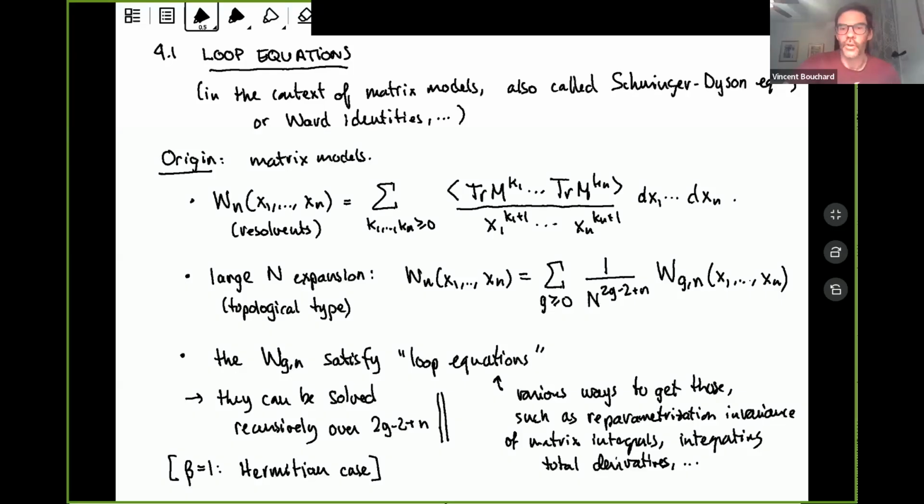I'm not sure that there is much. It's just a generating series, right? Yeah, for us, it will play an important role because these Wn become actually globally defined differentials, and this is an expansion at infinity or a pole on the spectral curve. But here it's just a generating series.